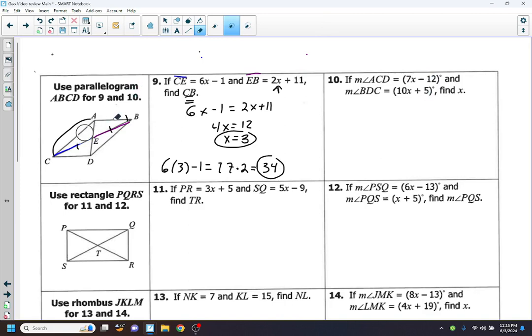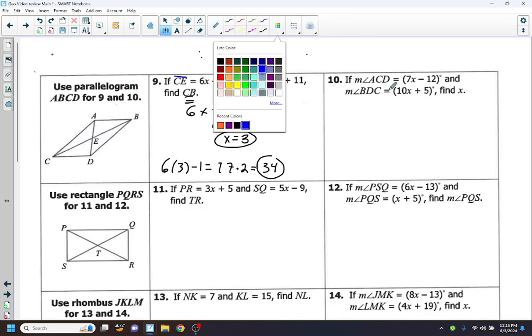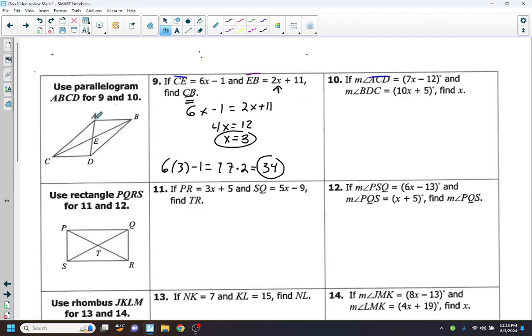All right, this one. If angle ACD, so this angle right here, is 7x minus 12, and this angle, BDC, this angle over here, is 10x plus 5, what's x?